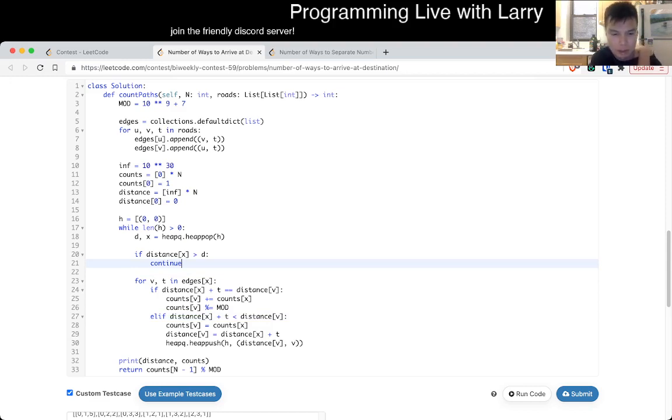Have distance of x plus t. I really don't know.